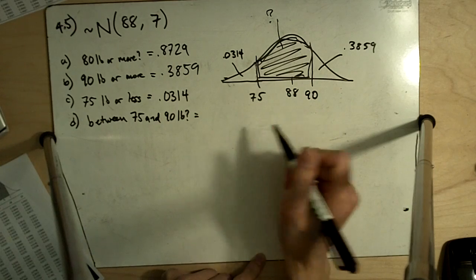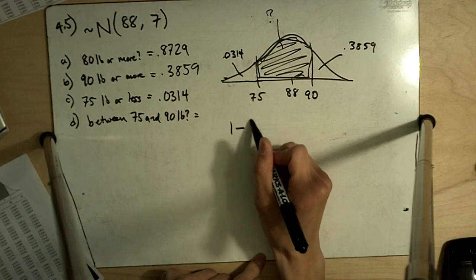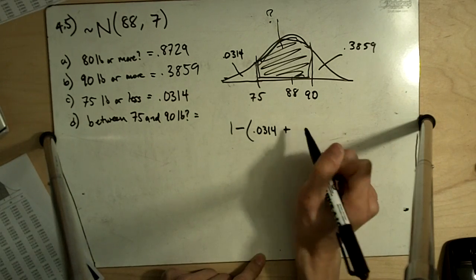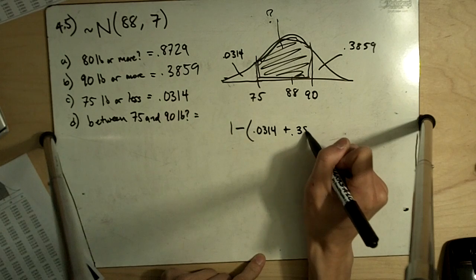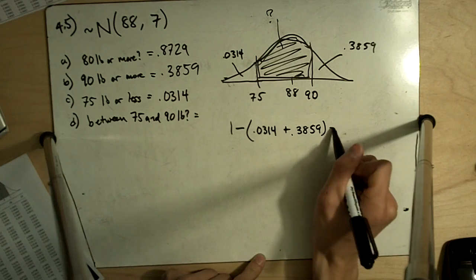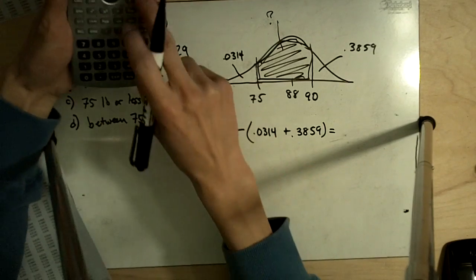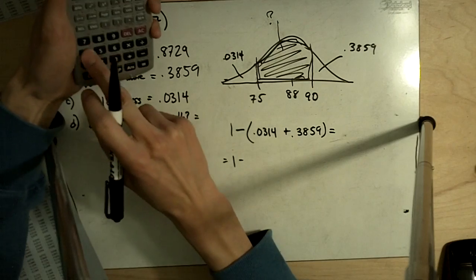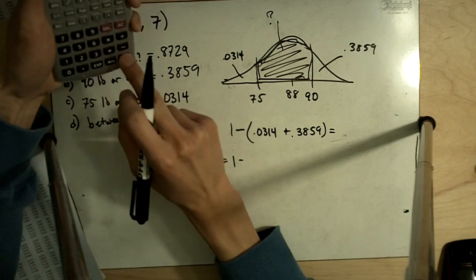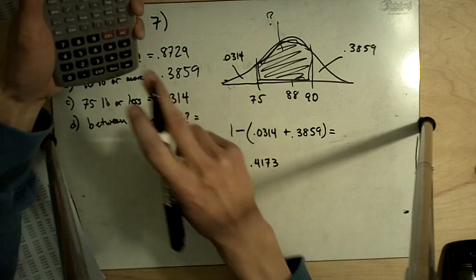And so the area in between, I would say the best way to calculate is going to be 1 minus these two areas combined. So I'm going to do 0.0314 plus 0.3859, and that is going to equal 0.4173.